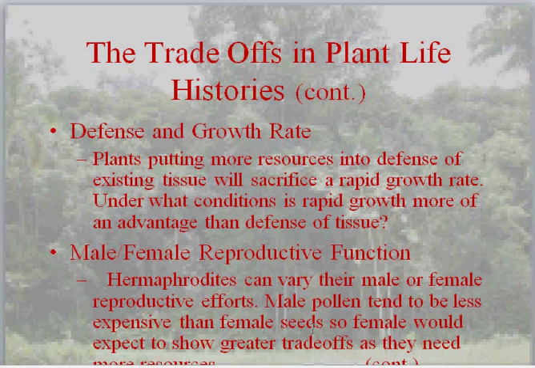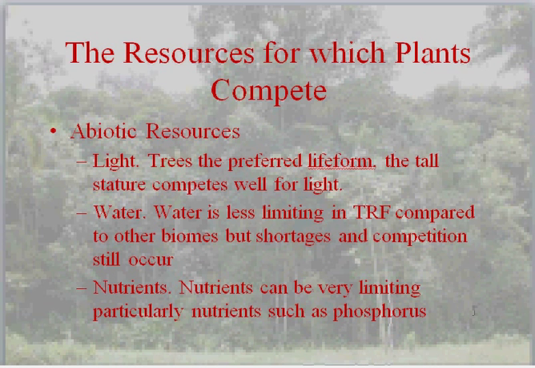I just want to mention now the resources for which plants will compete. First of all, the abiotic resources, and we've gone through a lot of these already. Light. Trees are obviously the preferred life form, the most competitive life form, because that tall structure overtops all the smaller plants. Water is also a resource which is competed for, less so in tropical rainforests because there tends to be large amounts of water, almost too much water in some cases, but there can be shortages and competition, particularly in drier biomes, in maybe deciduous forests and so on.